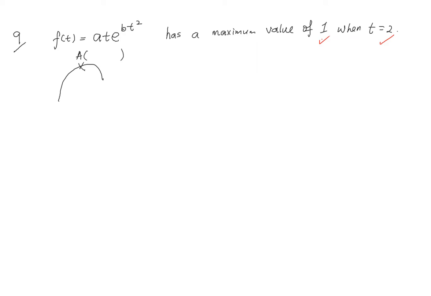Kavan, can you tell me one of the coordinates? Coordinates means I want the x and the y. The x is 2. The y is? Wait. Has the maximum value. That means this is the y. So 1. So from here I know that therefore point A (2, 1) lies on the curve.